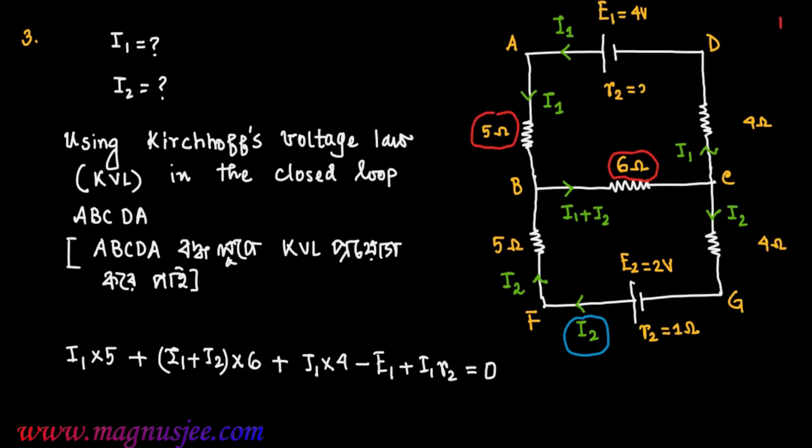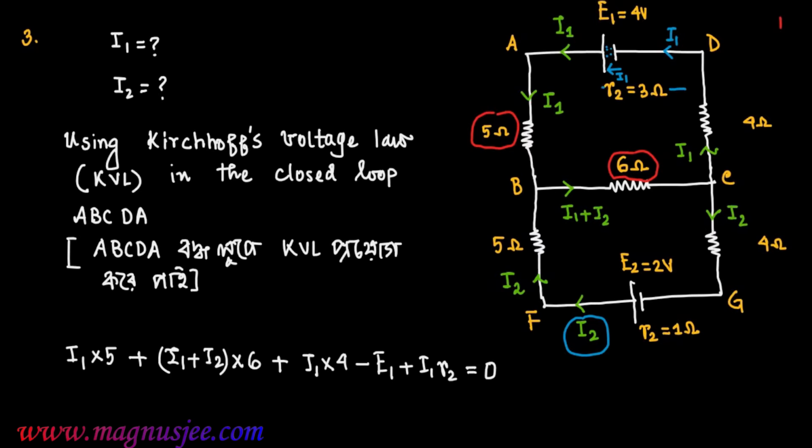Now we can consider that the current I1 flows from the negative terminal to the positive terminal inside the cell, through the internal resistance of the cell of EMF E1.